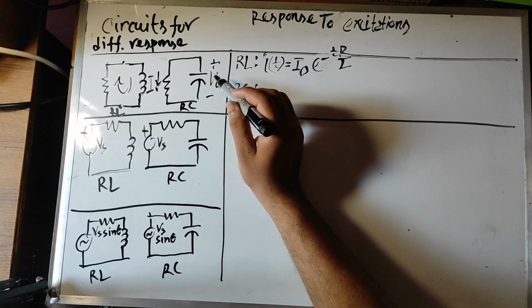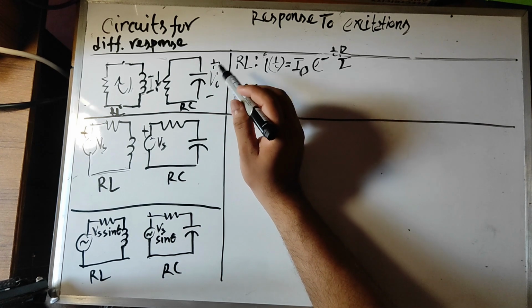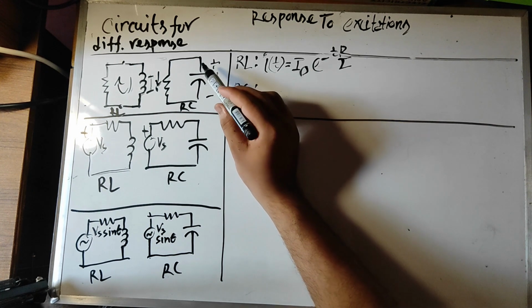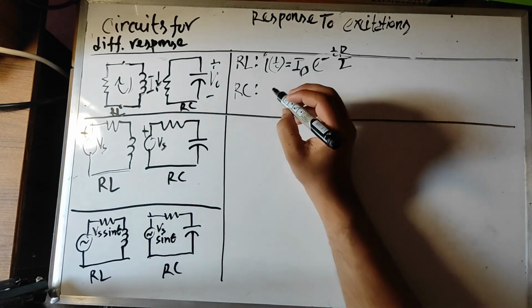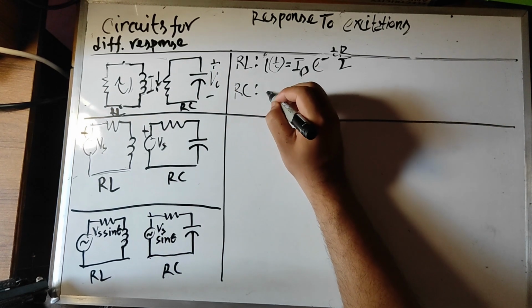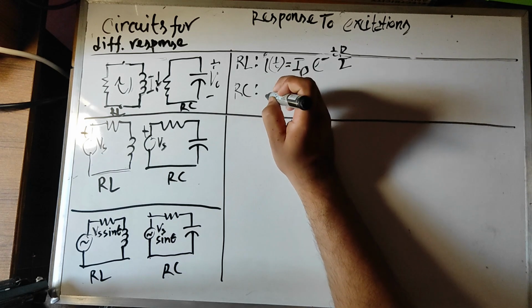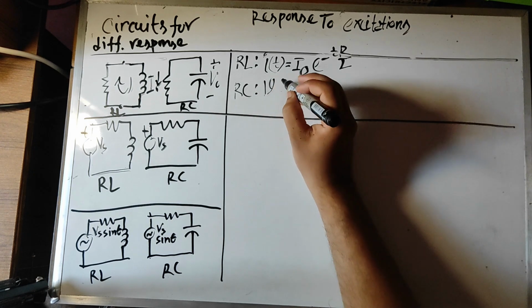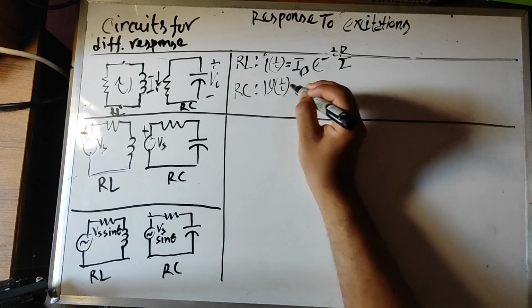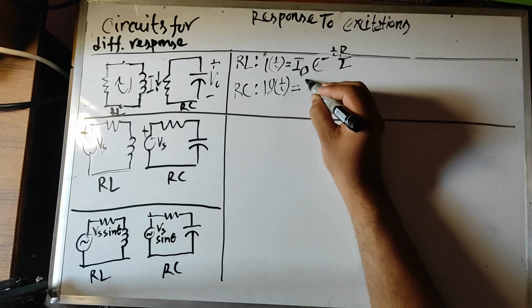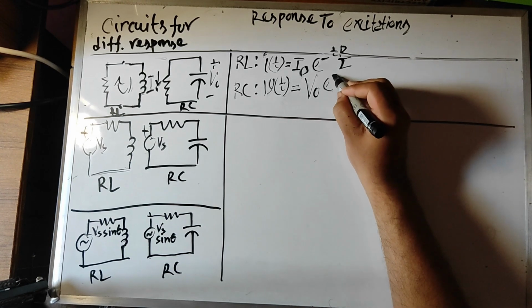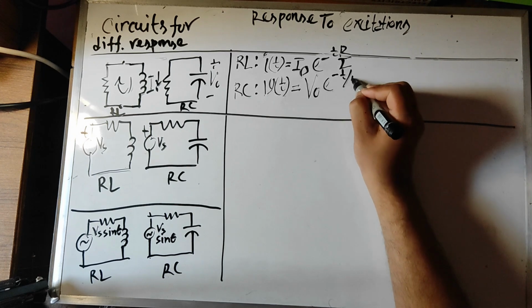The energy stored in the electric field of the capacitor will be dissipated through the resistor, so the response will look like this: v(t) equals initial voltage V0 e to the power minus t by RC.